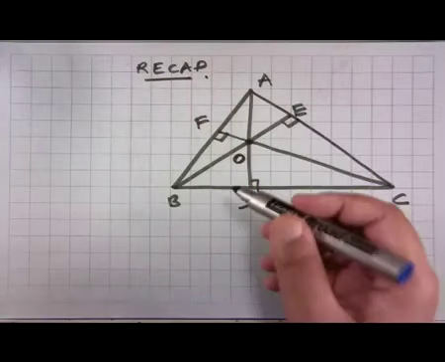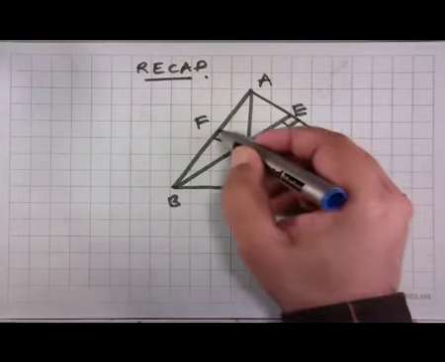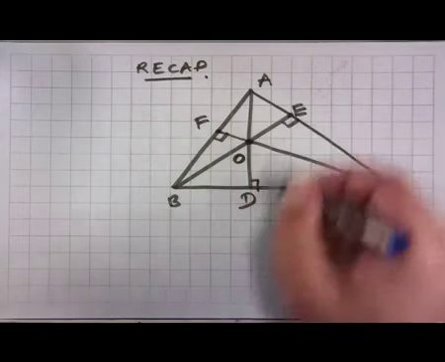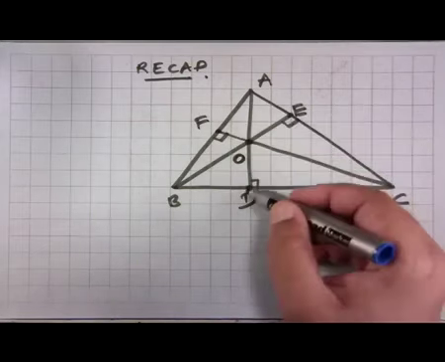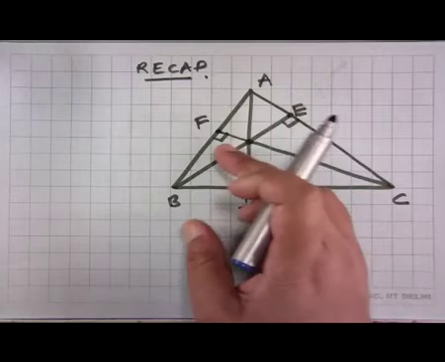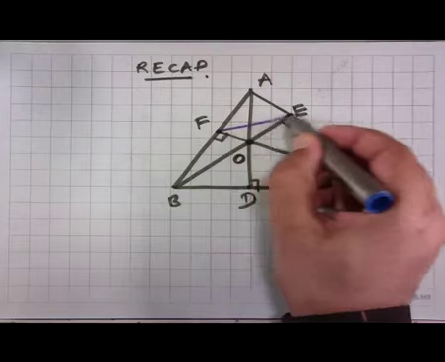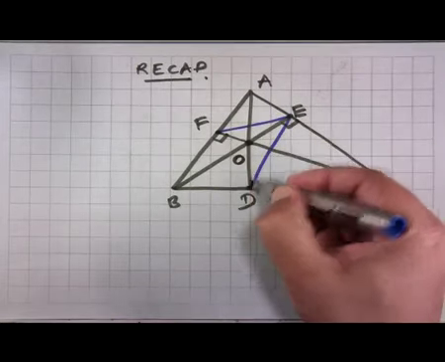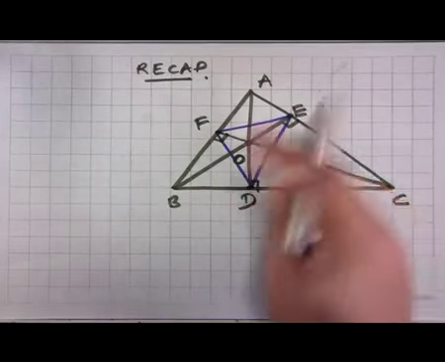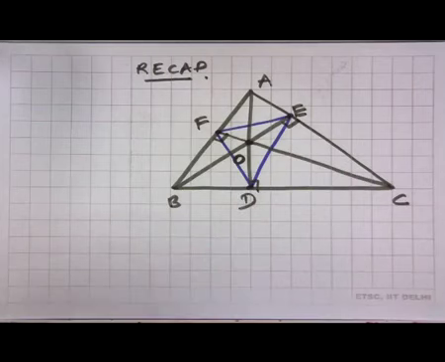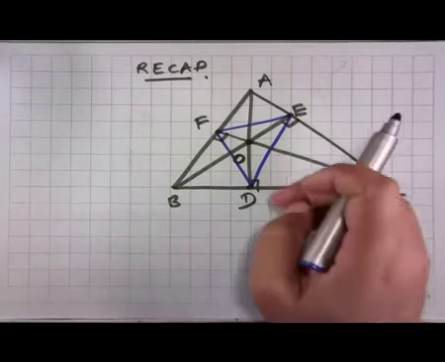We also defined the Petal Triangle. So, if we join these points F, E and D, where these perpendiculars meet the opposite side, then we get this triangle in blue, which is called the Petal Triangle of the triangle ABC.